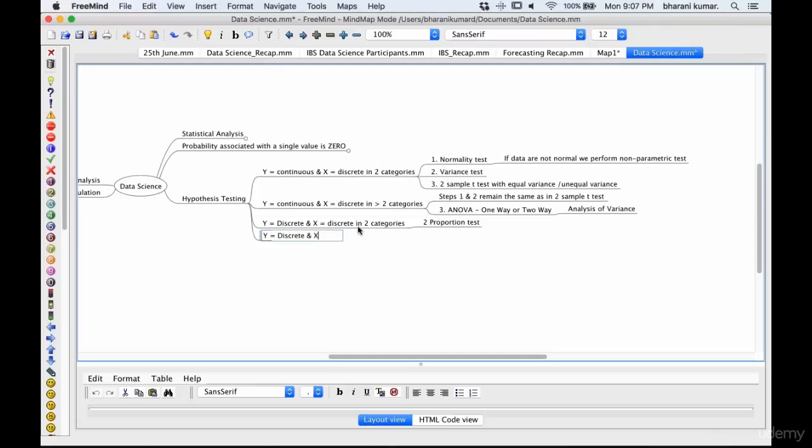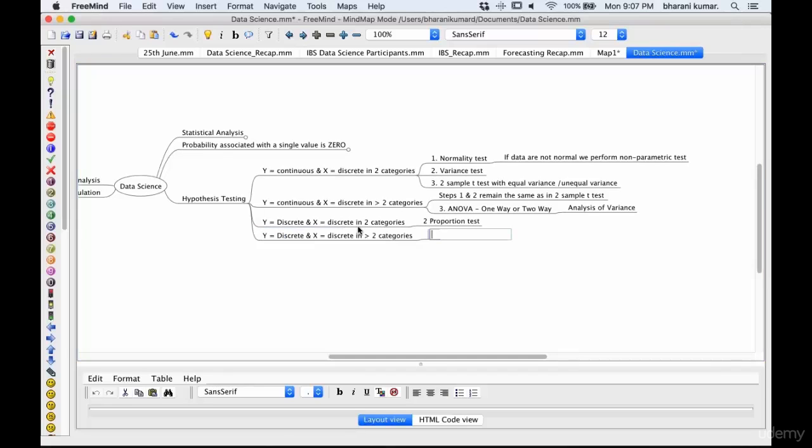If y is discrete and x is also discrete in greater than two categories, then we perform chi-square test. These are the various tests we have discussed, and we are yet to discuss the non-parametric tests and a few other hypothesis tests.